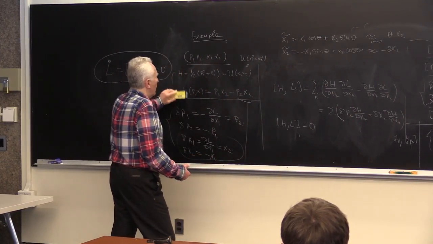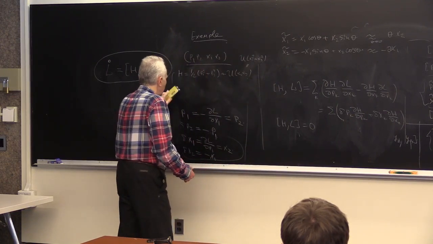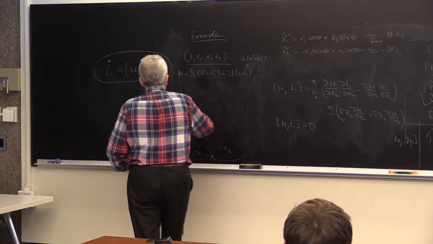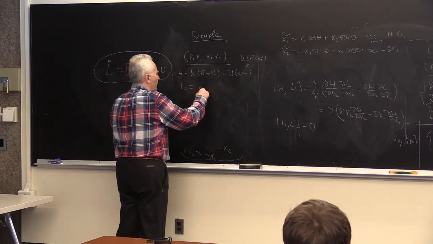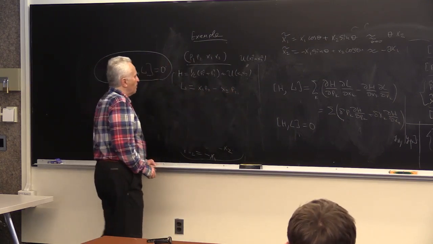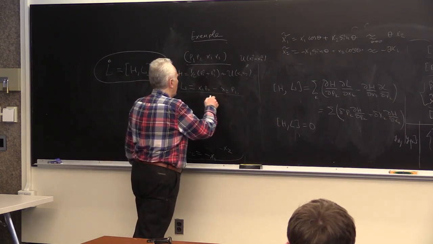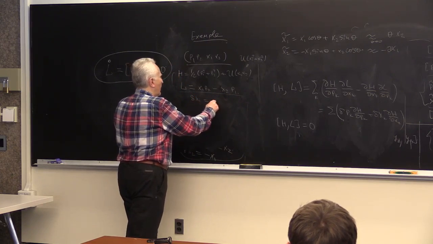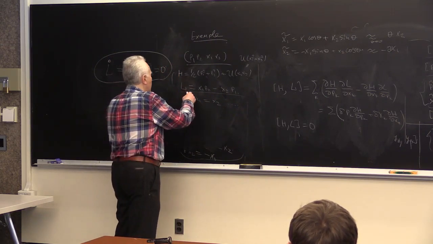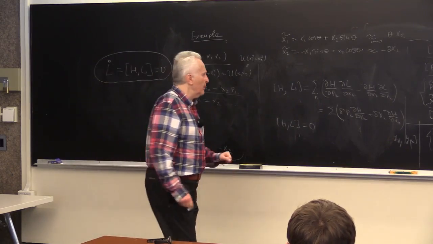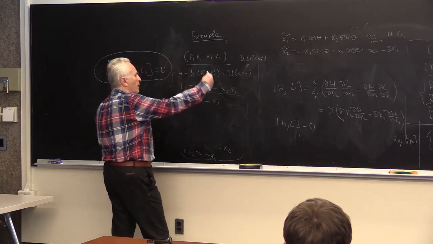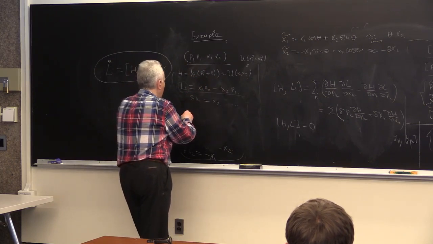Now let's think one more time about this matter. What if, as we saw, it generates x2 and so on. What if I try to treat L as a Hamiltonian itself? Suppose I want to write down the Hamilton equation with respect to a different time.